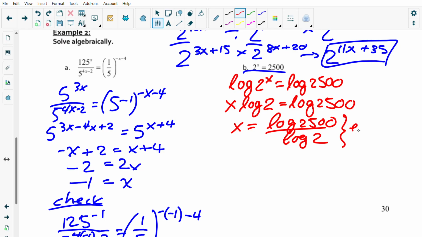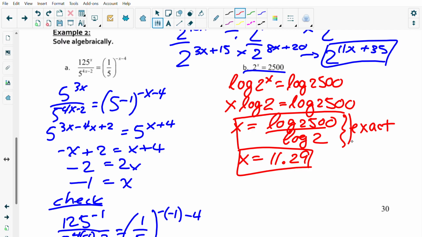If we leave it as an exact value, here it is, exact, because these will not evaluate to a whole number. Or if I ask you to give me decimal form, let's do it to the nearest hundredth, so it's 11.29. So, exact versus rounded.